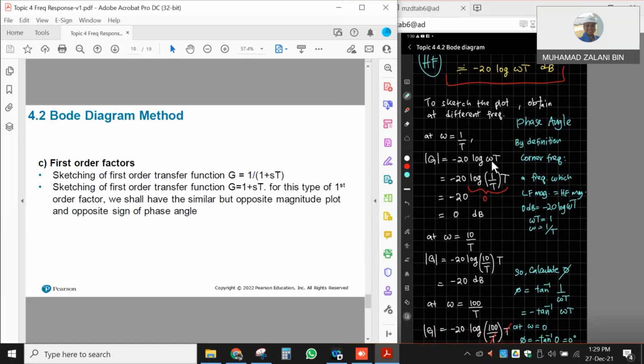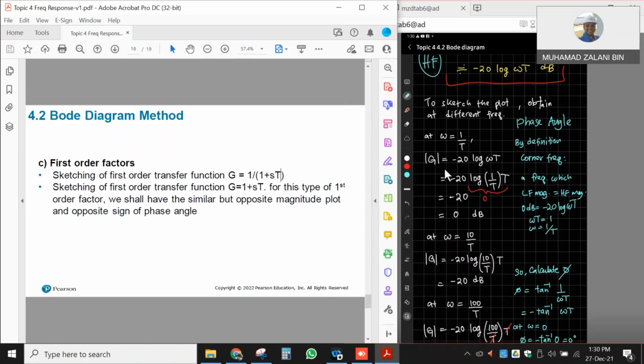Because this is omega t, we represent omega equals 1 over t so that we can cancel t, so that this term becomes 0. So for omega equals 1 over t, we get negative 20 times 0, so it is 0 decibel for the gain at omega equals 1 over t.